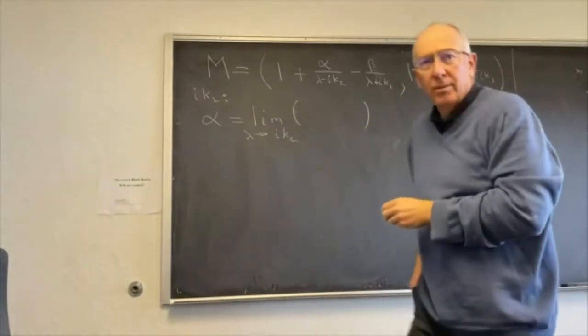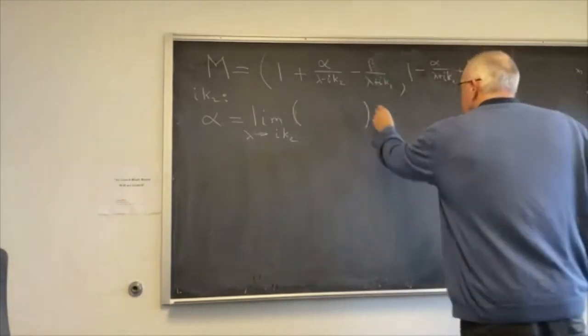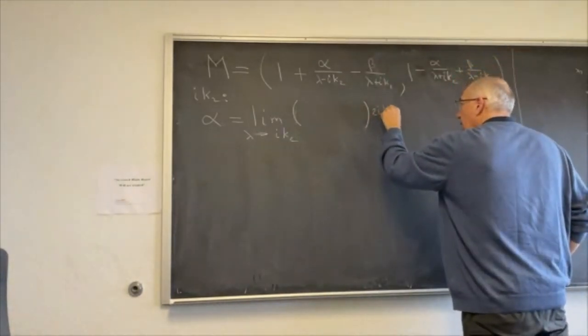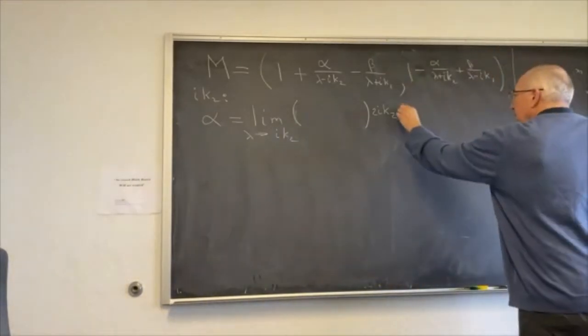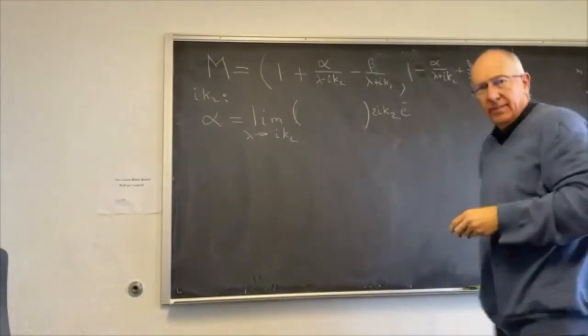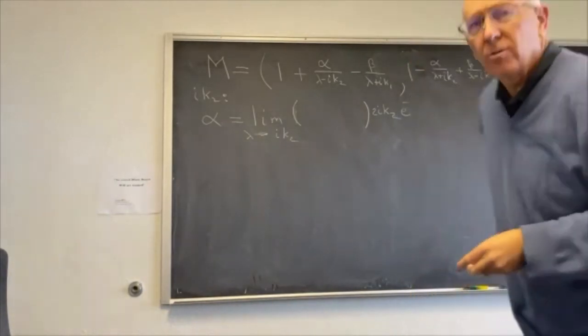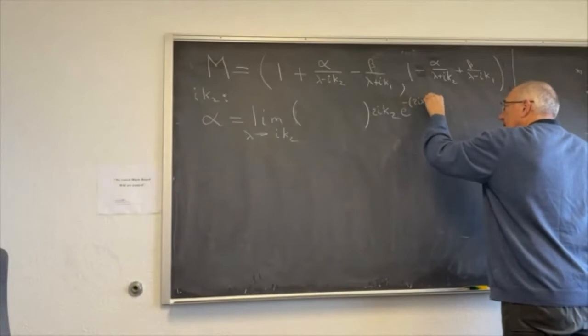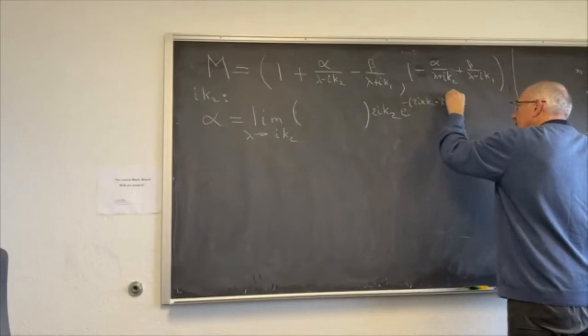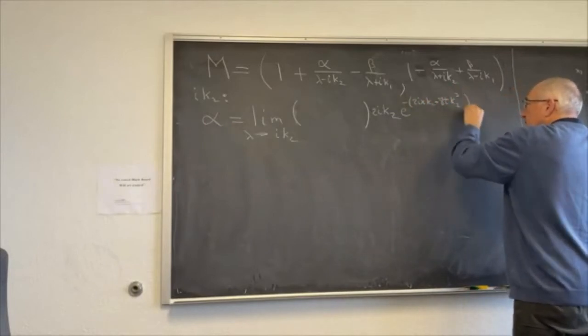And then it's just multiplied by this quantity, 2iK2 e to the negative, and then I've got to write out what I have, 2iK2 x minus 8tK2 cubed.